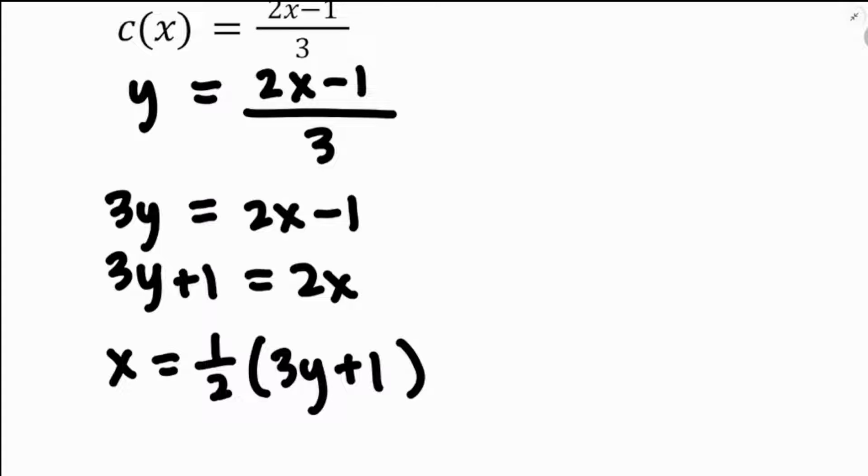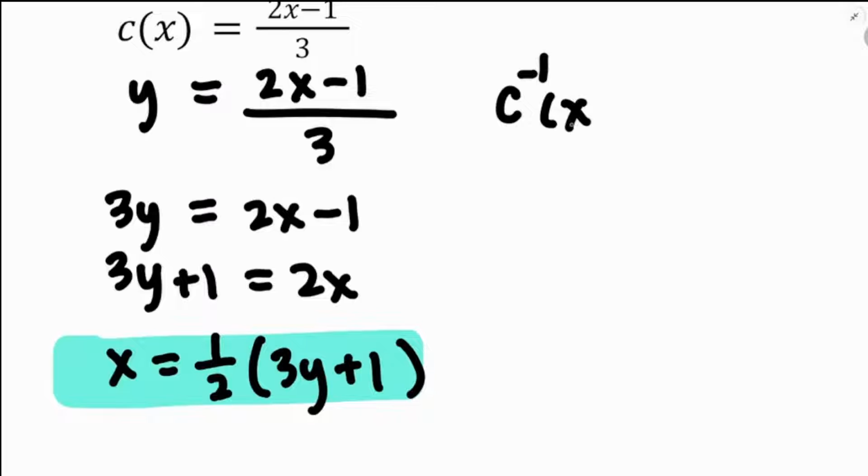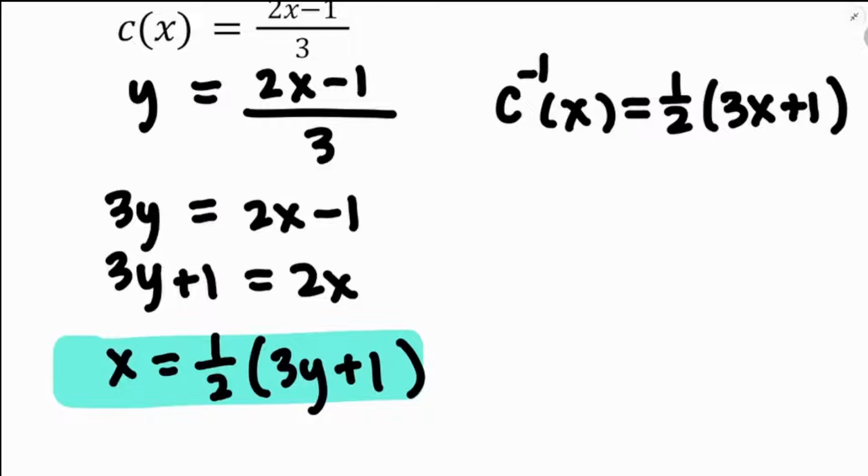Okay, and there we go. x equals 1/2 of 3y plus 1. Or we could say c inverse of x equals 1/2 of 3x plus 1, or 3x plus 1 all over 2. However you like it.